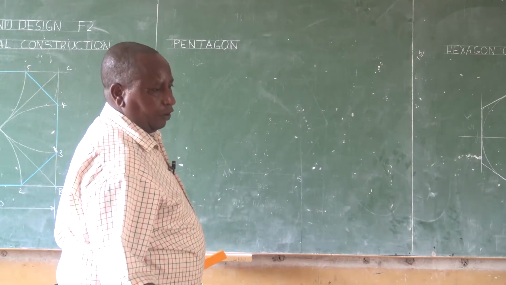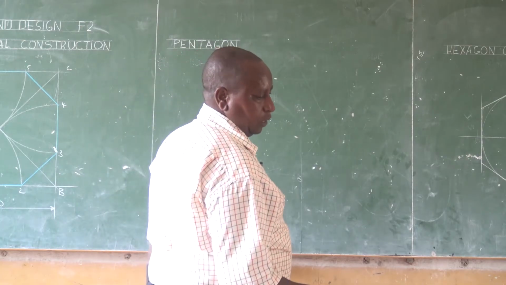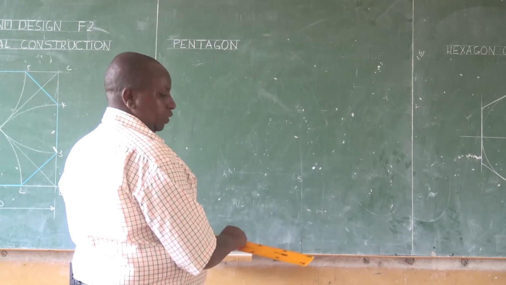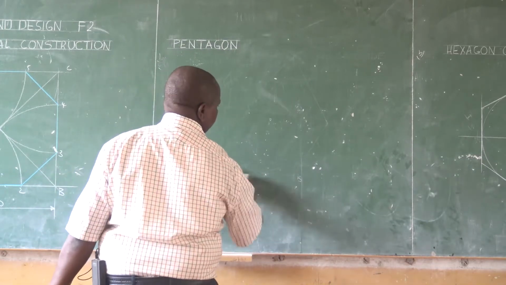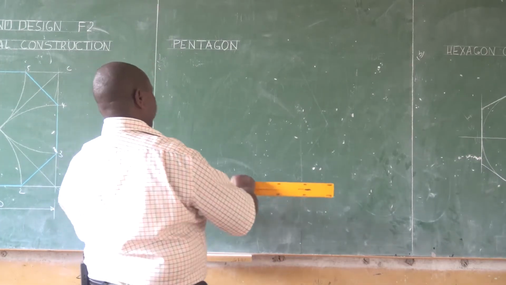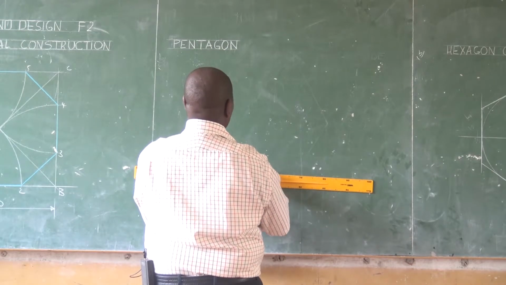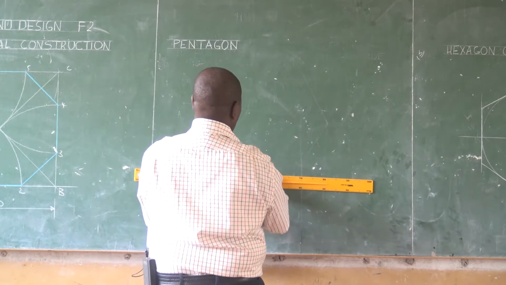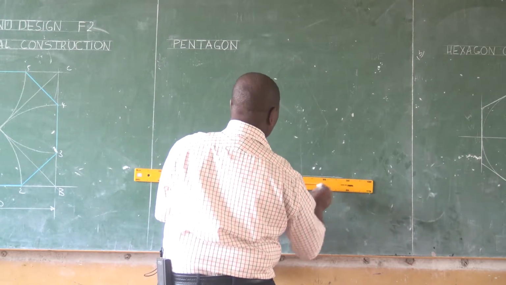It is a very unique construction for the pentagon. It uses one method which was advanced by a Greek mathematician called Euclid. So there is the Euclid method and also the universal methods for drawing polygons, which we use in construction of the pentagon.